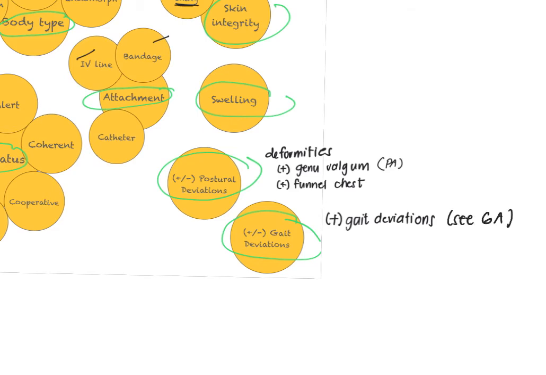Kasi sa gait analysis mo talaga siya i-specify. For postural deviations then, pwede rin yan, no? Positive postural deviations, and then C, postural analysis. That's for the specific. Okay, but for the name of the deformities, you write it under ocular. So how will this look like now?